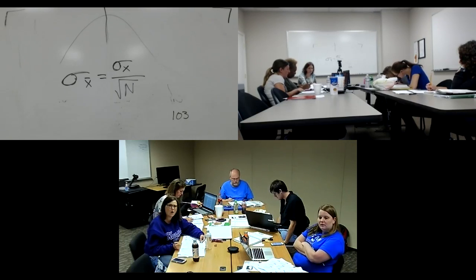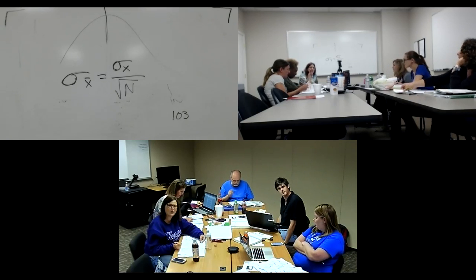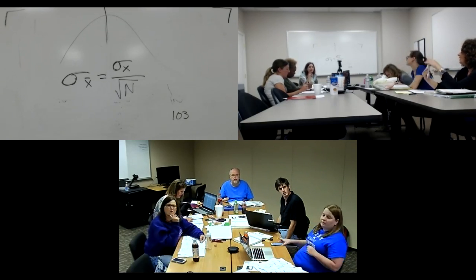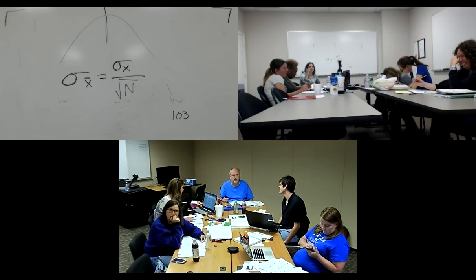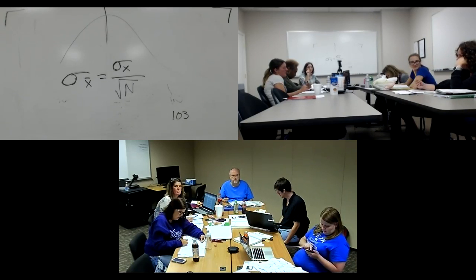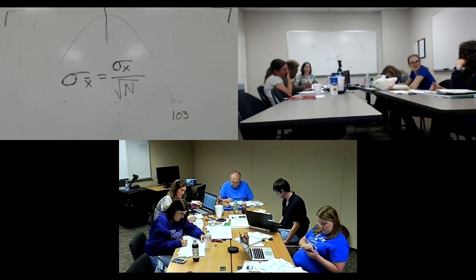I thought standard deviation was s. That's for the sample. We're now talking population. We've made the leap from sample to population. So that means standard deviation in the population? Yes. We're starting to make that leap.